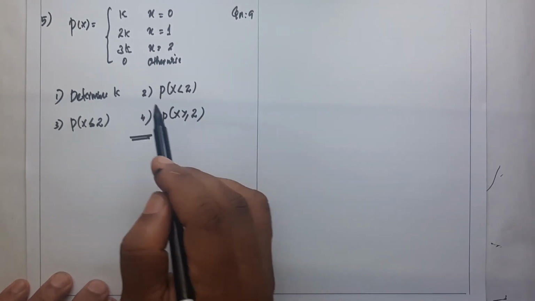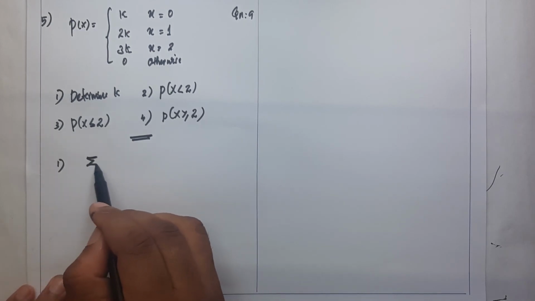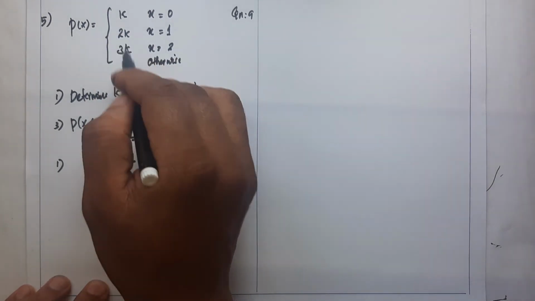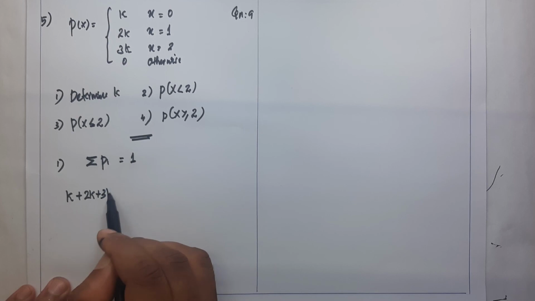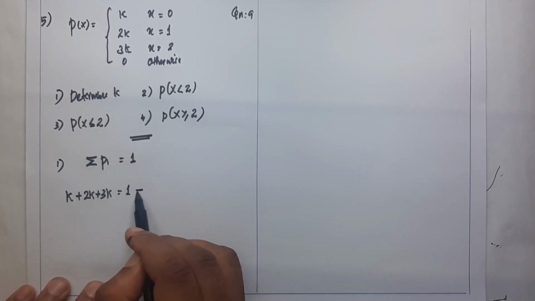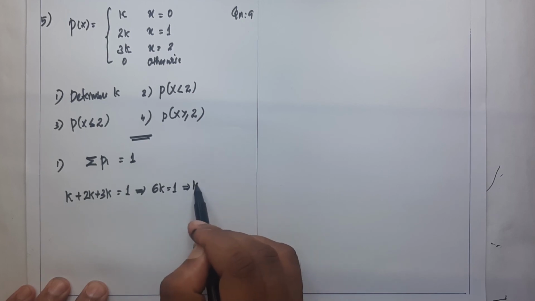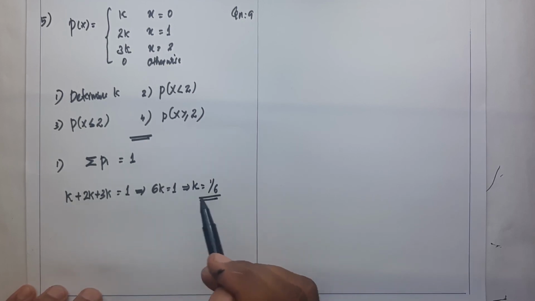Okay, first of all we find k. Sigma p i is equal to 1, sum of the probabilities, that is k plus 2k plus 3k is equal to 1. That implies 6k is equal to 1, and therefore k is equal to 1 by 6.